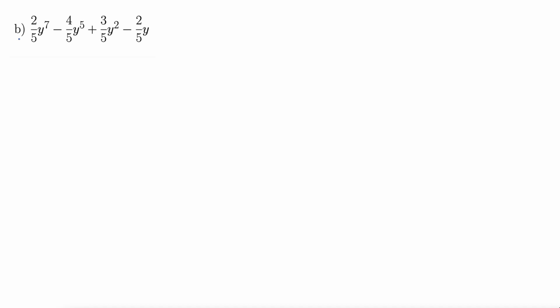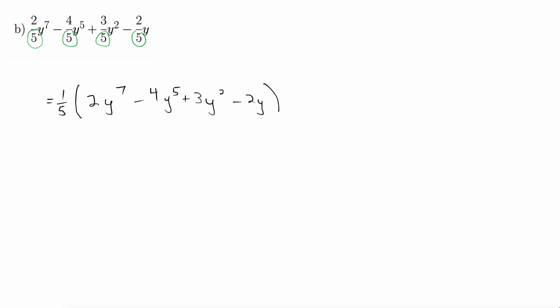Look at all these denominators, they're all the same: 5, 5, 5, 5. So let's factor out a 1/5 first and get that out to the front. That leaves us with 2y to the 7th minus 4y to the 5th plus 3y squared minus 2y. It already looks better, just getting that 1/5 out of there.